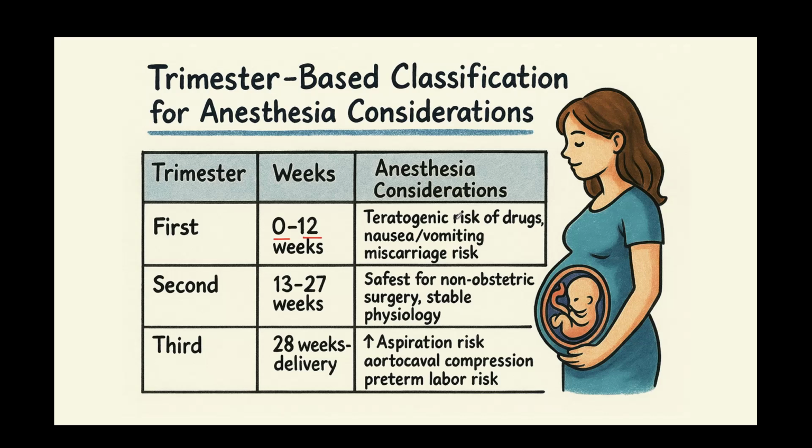The second trimester starts from the 13th to 27th weeks, and is the safest for non-obstetric surgery. So if you have an urgent procedure, you can delay it to the second trimester. The third trimester starts after the 28th week, till delivery, and there is a high risk of aspiration, aortocaval compression, and preterm labor risk.